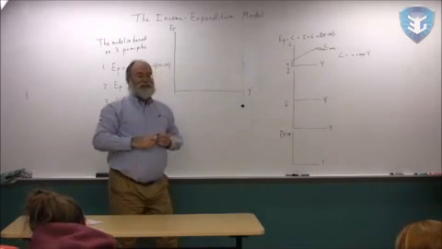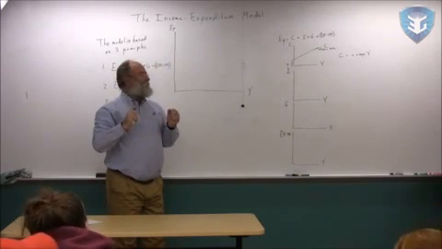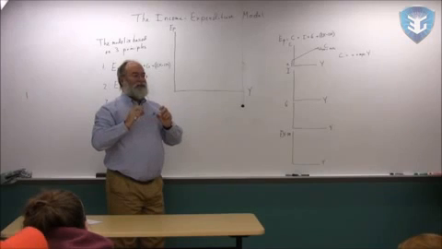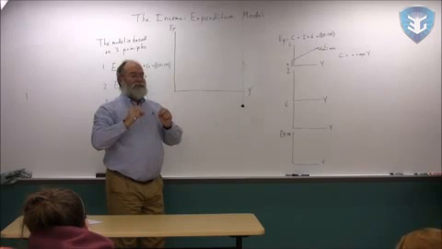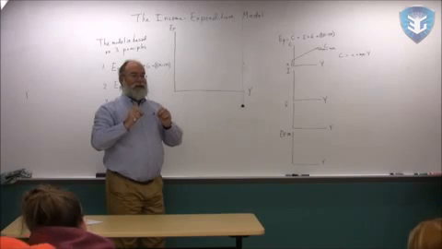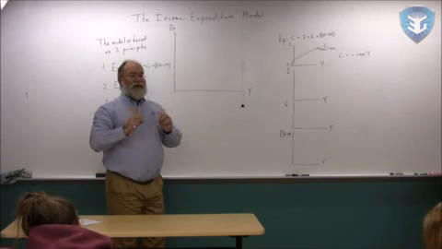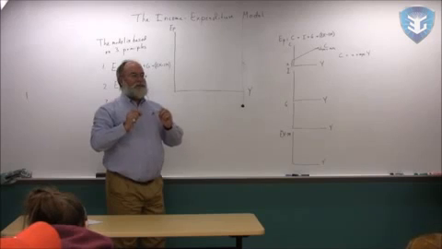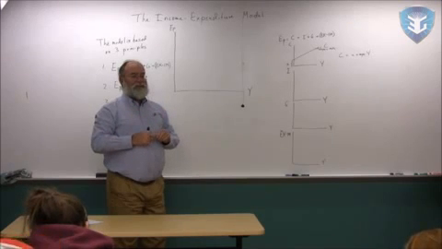The marginal propensity to consume is a long-winded expression for a simple idea. If you get a raise, if your income changes, how much do you spend? What fraction of a change in your income do you spend? That's what the MPC is.